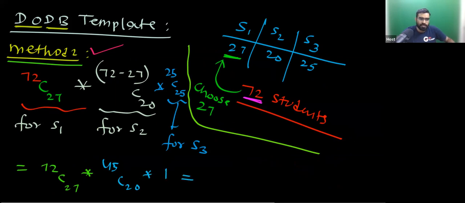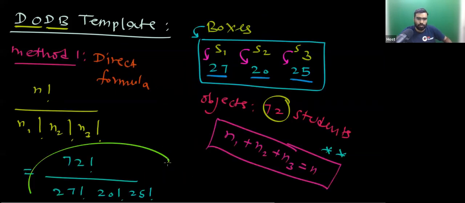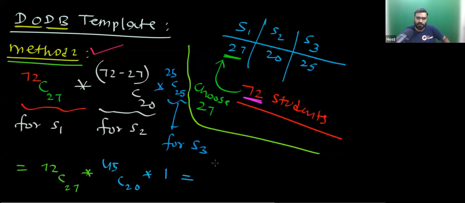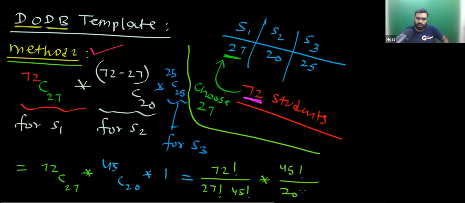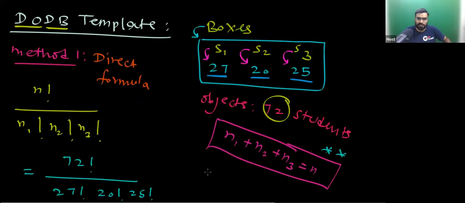If you solve it, you will again get the same answer: 72 factorial divided by 27 factorial, 45 factorial, multiplied by 45 factorial divided by 20 factorial and 25 factorial. This will cancel out and you get the same equation.